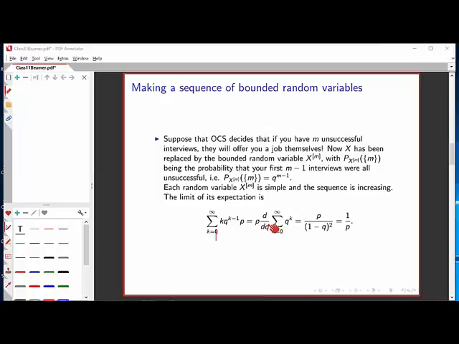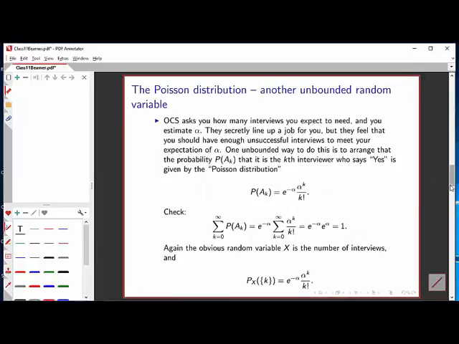It's 1 over 1 minus q, and its derivative is 1 over 1 minus q squared. So we get p over the quantity 1 minus q squared, p over p squared. We get 1 over p. A staple of introductory probability courses. The expectation of a geometric random variable is 1 over the probability of success.